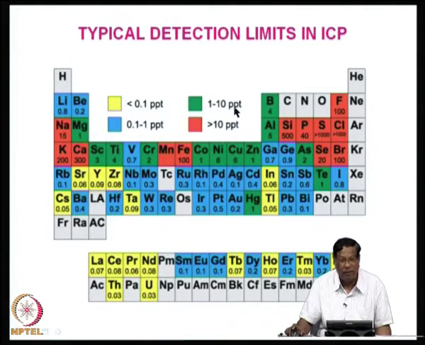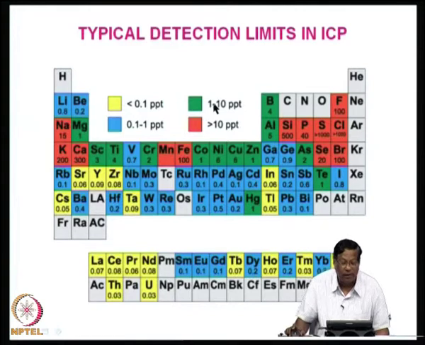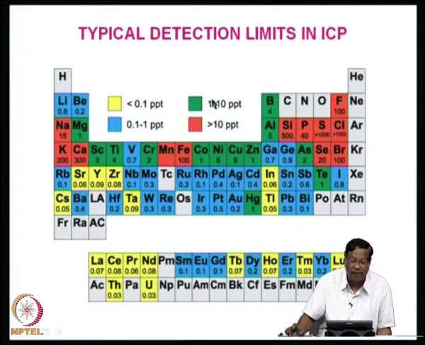You can imagine the requirement of analyzing a given sample at 10 parts per trillion, that is 10 raised to minus 12, picogram levels, they can be determined. Now, there are blue elements, vanadium, niobium, molybdenum, etc., some ruthenium, rhodium, palladium, silver, iridium, platinum, gold, gallium, germanium.